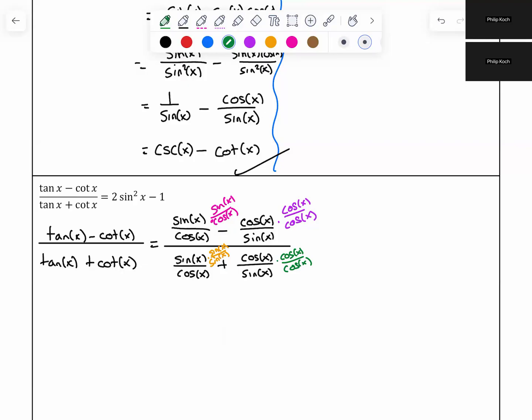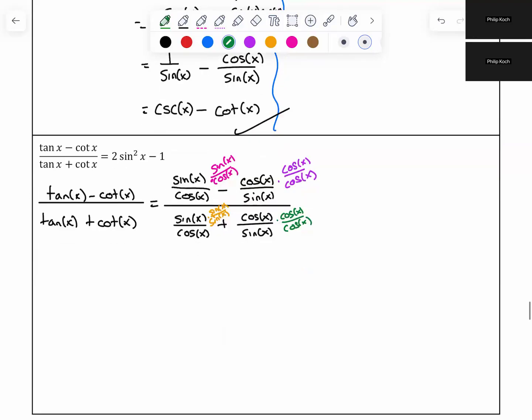So in the numerator, I've ensured that the denominator of the big numerator should be sine x cosine x. Same thing with the denominator. So if we're comfortable with our algebra skills, this should be sine squared of x minus cosine squared of x, all divided by sine of x cosine of x.